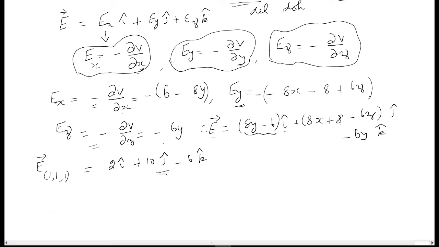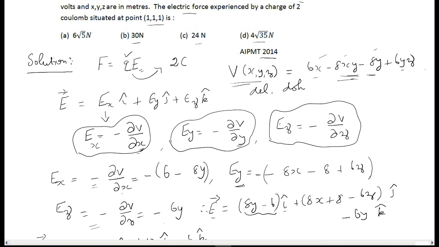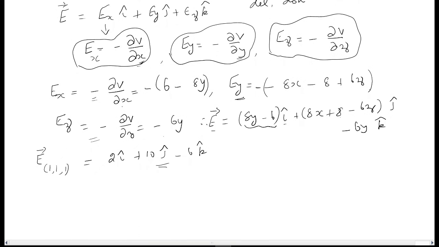Now, because of the way the question is asked, the options only give the magnitude: 6√5, 30, 24, 4√35. There is no question regarding the direction part of it. Therefore, we find the magnitude of this E at (1, 1, 1).